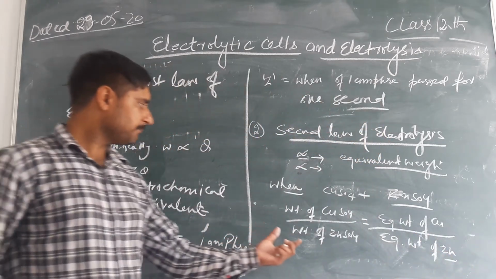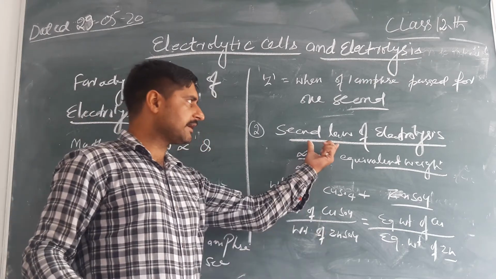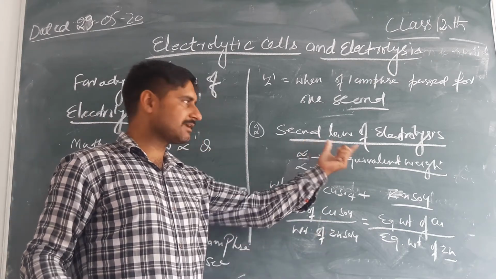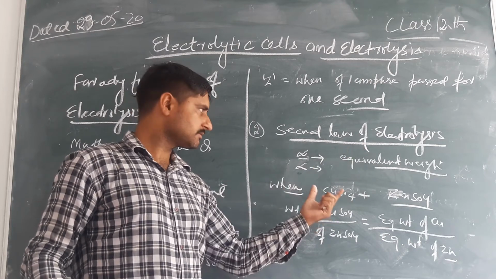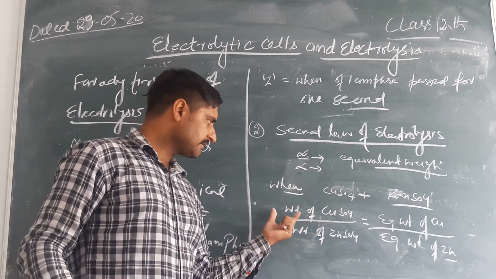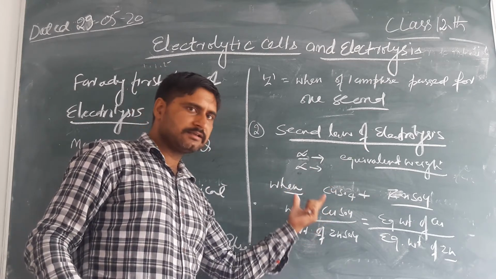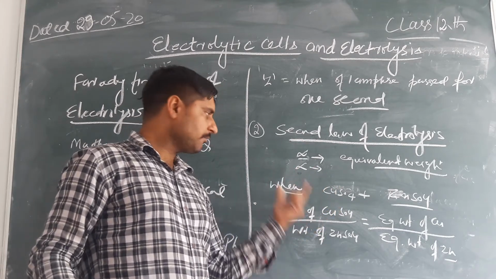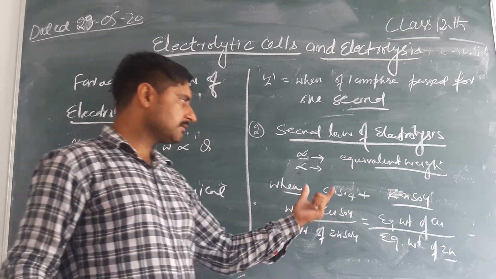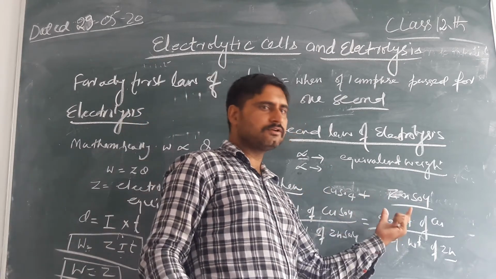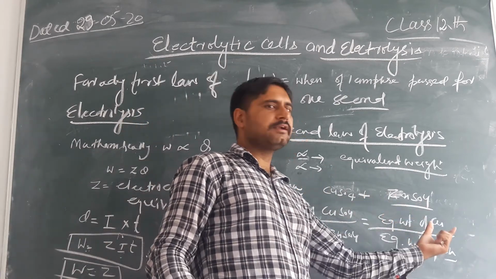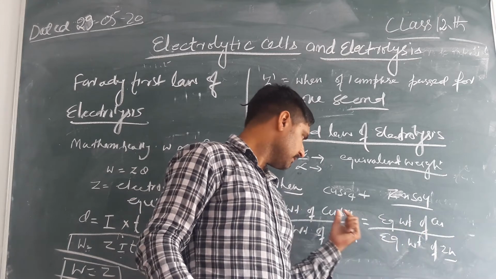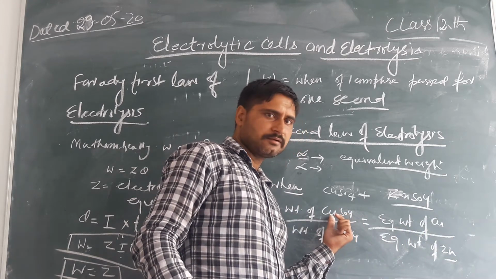This is the mathematical relation for Faraday's second law of electrolysis. When the same quantity of electricity is passed through different electrolytes, the amount of substance liberated is proportional to the equivalent weight of the metal liberated.